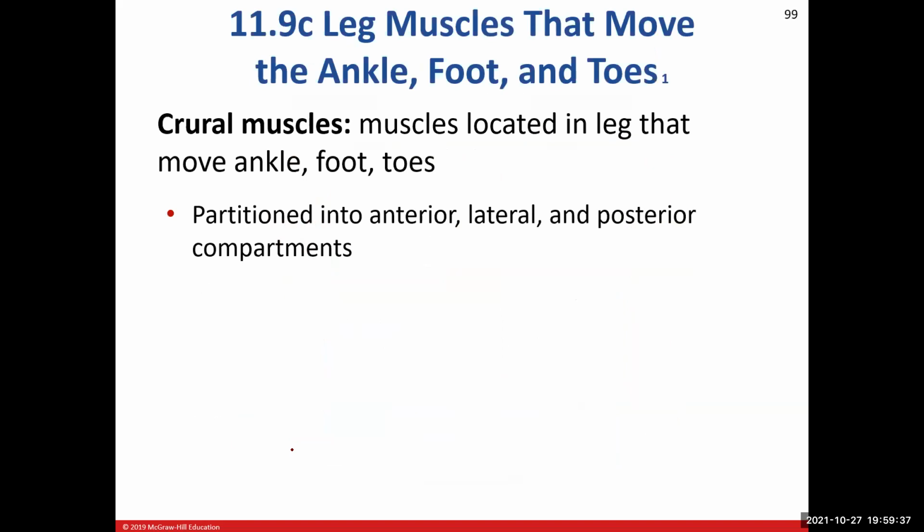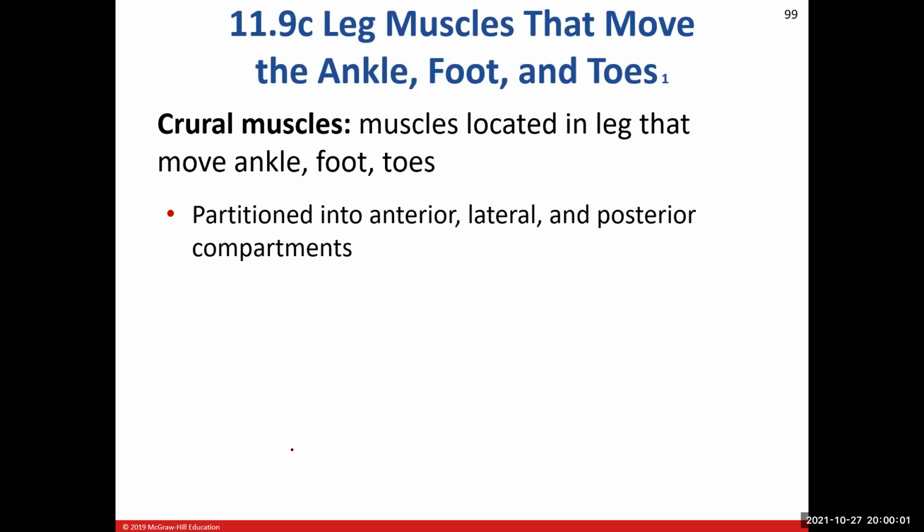All right. So there's a name here that's in bold, and that is crural muscles. Crural is another name for the area down by your calf. These muscles are going to be responsible for moving your ankle, your foot, and your toes.